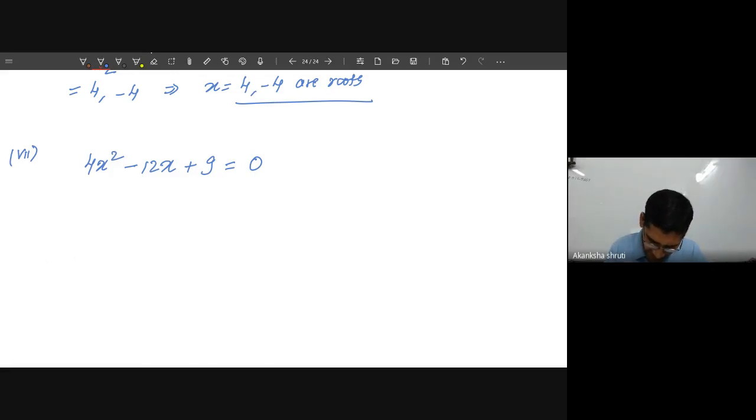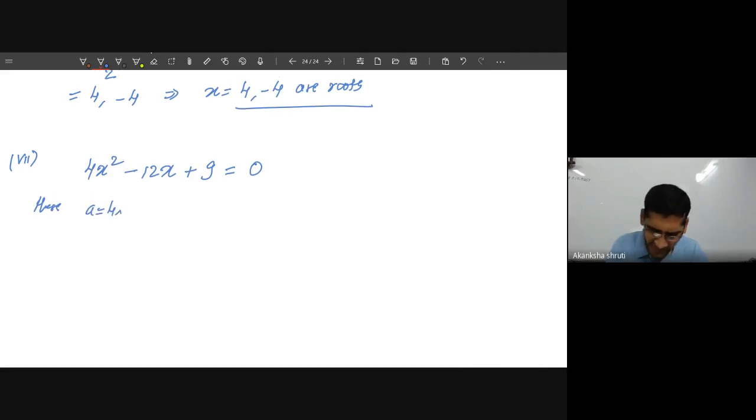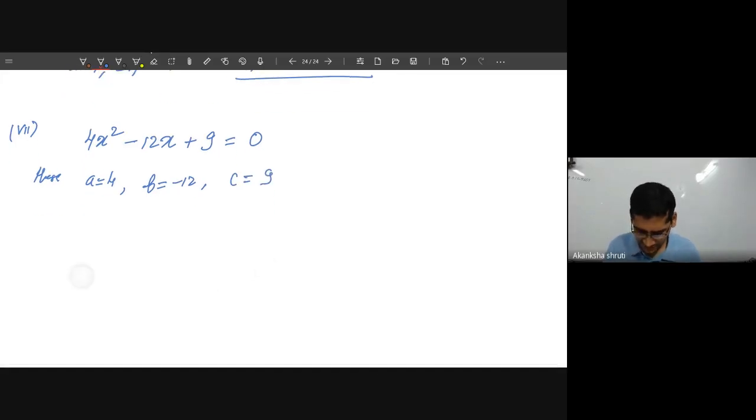So here, on comparing, we can get a is equal to 4, b is equal to minus 12, c is equal to 9. Now d we have to calculate. It is our b square minus 4ac. Substitute. Minus 12 square.